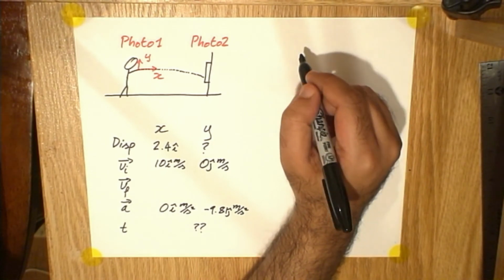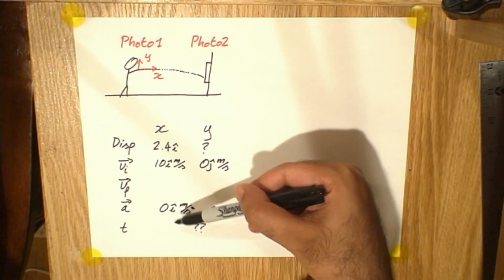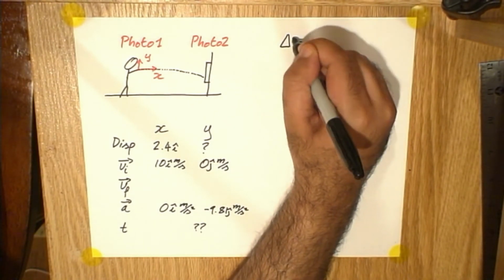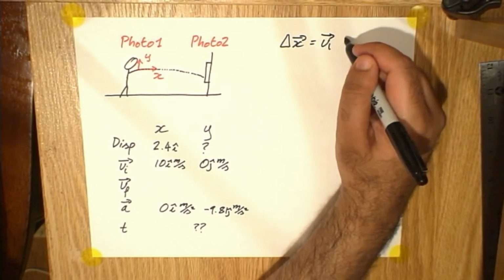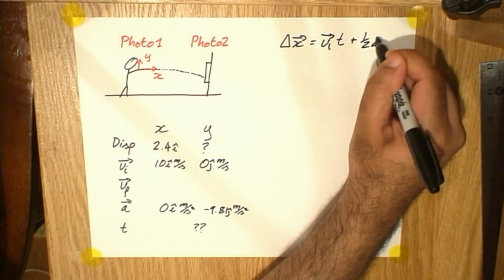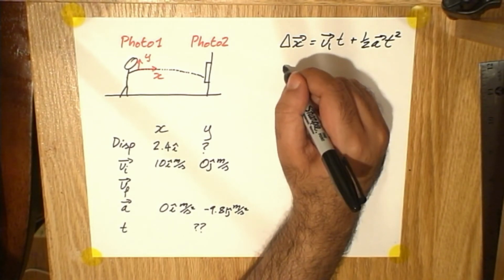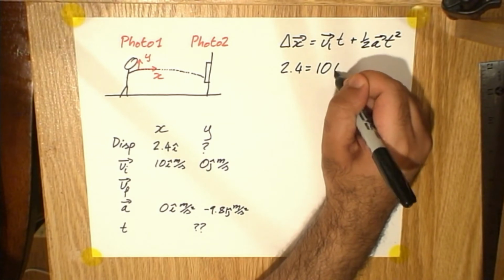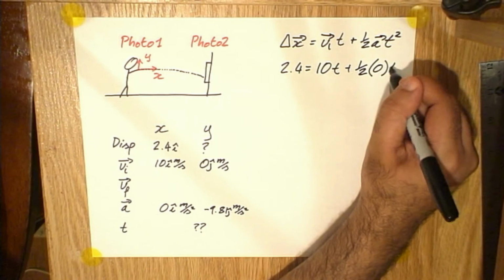Okay, so this is part A of the question. We know displacement, we know initial velocity, we know acceleration, we're looking for time. So the only equation that weaves together all 4 of those quantities is toolbox equation number 2. So delta x, which is 2.4, is equal to v initial, 10, times t plus 1/2 acceleration, 0, times t squared.